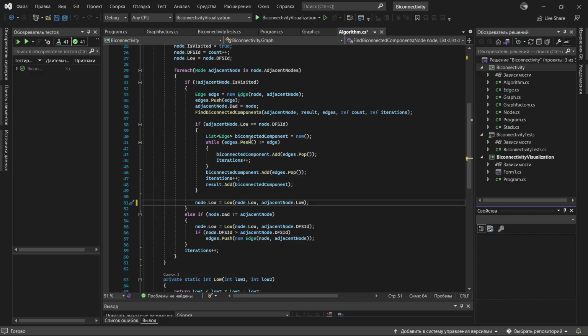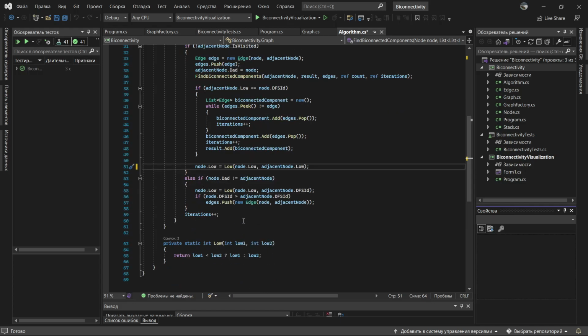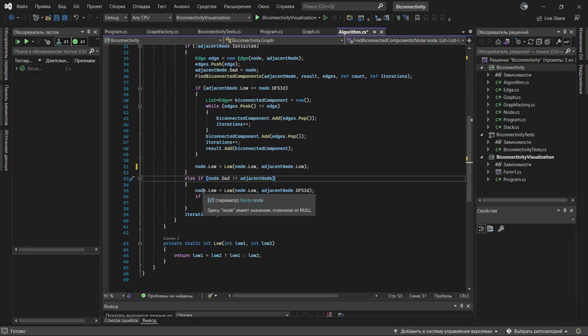But what will the algorithm do if the adjacent vertex is already visited? It will check this condition. If the current vertex's parent isn't the adjacent node, it means that we found a back edge. So we change our current node's low value again by taking the lowest between these two values.